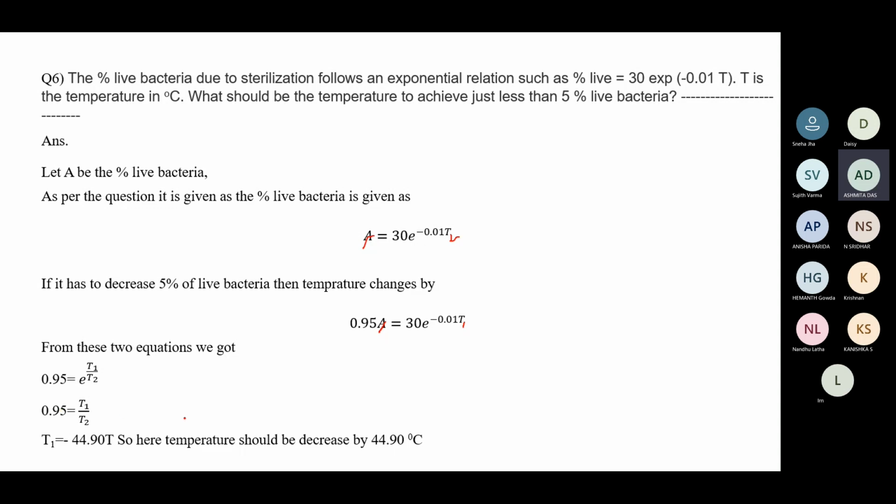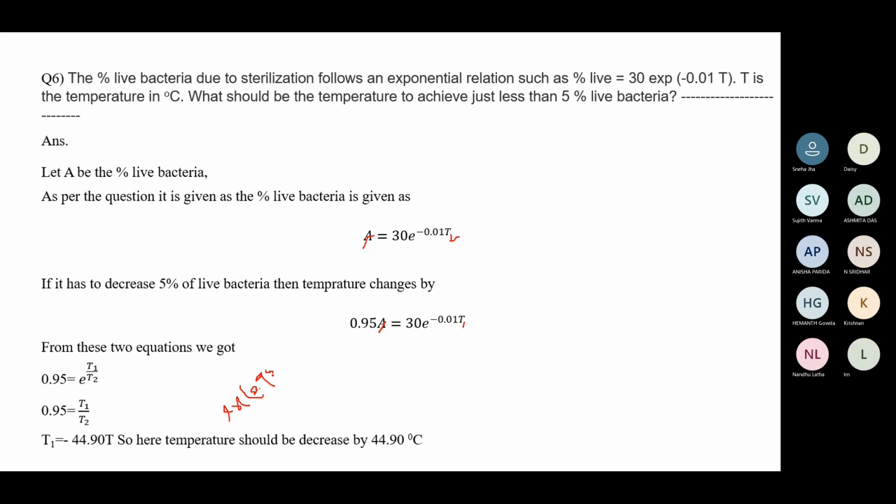So from there we can get ln of 0.95 equals t1 by t2.